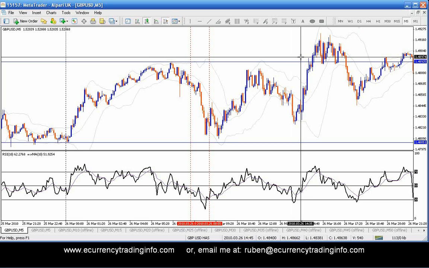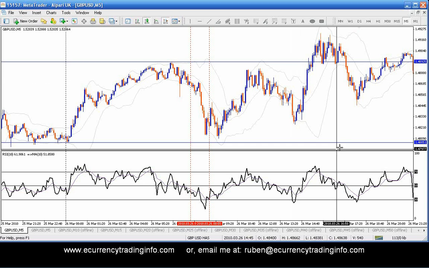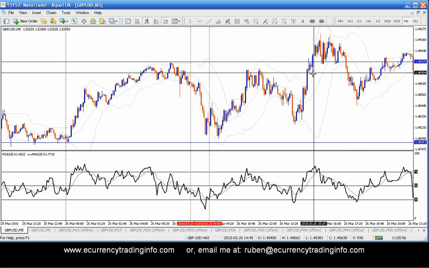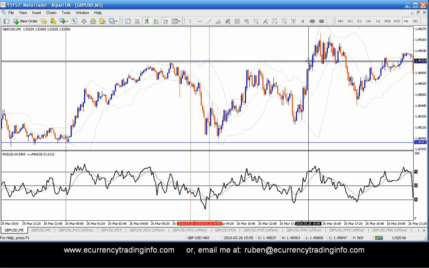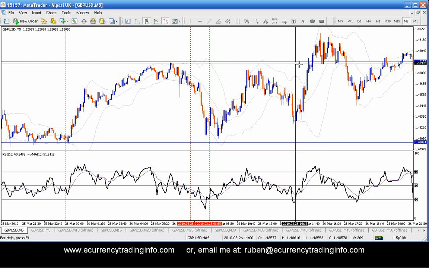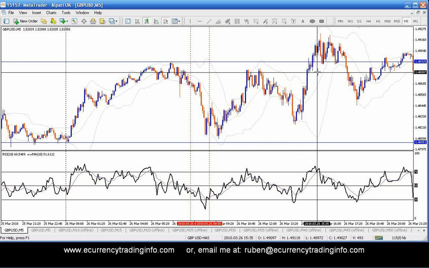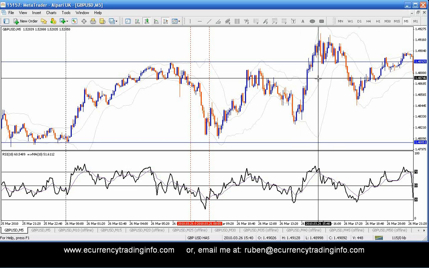I open two positions, and I put my stop loss right under this pullback. See, it went up, it broke the high, and it pulled back here. My stop loss would be here, minus 5 pips minus the spread, so minus 8.5 pips would be about here or so, my stop loss.